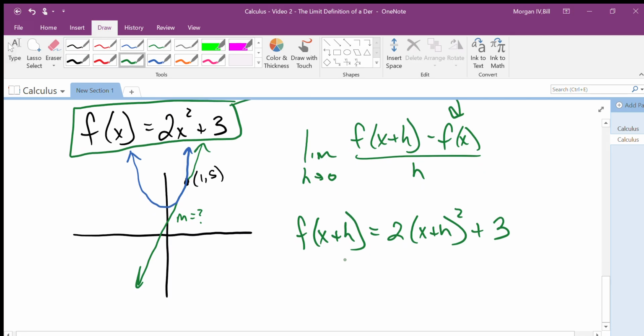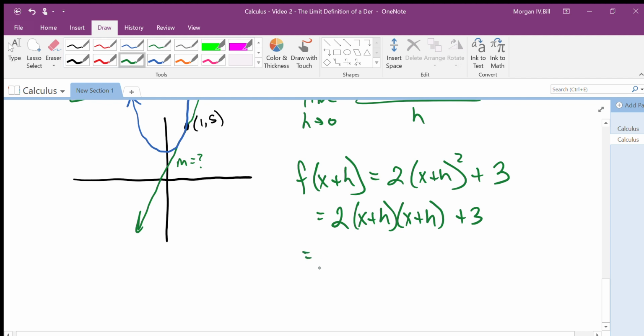Now remember, to multiply this out, x plus h squared, that's x plus h times itself. Anything squared is times itself. So I'm going to leave the 2 on the outside, and multiply the x plus h times the x plus h. And don't forget the plus 3 on the end.